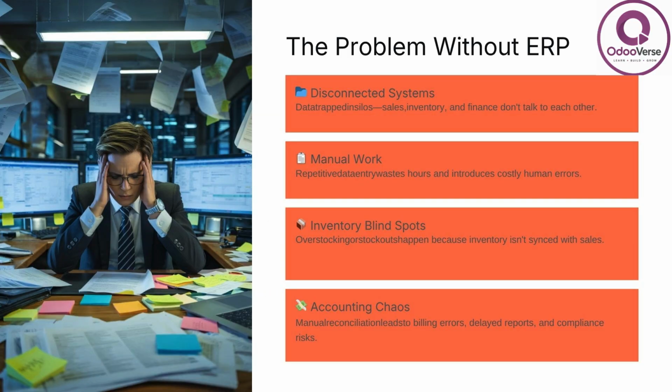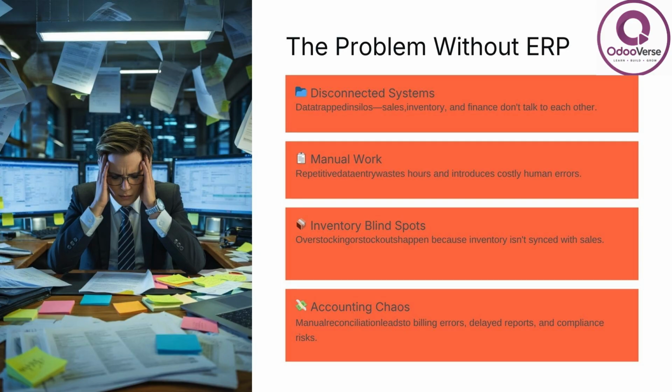Now, let's see the problems businesses face without an ERP system. The first problem is disconnected systems. Sales, inventory, and accounting teams often use different software, so data becomes isolated and communication becomes difficult. The second problem is manual work. Employees spend a lot of time entering the same data again and again, which increases human errors.